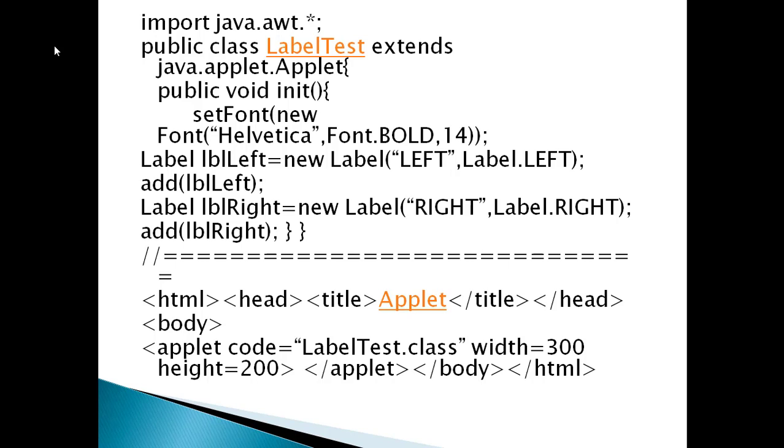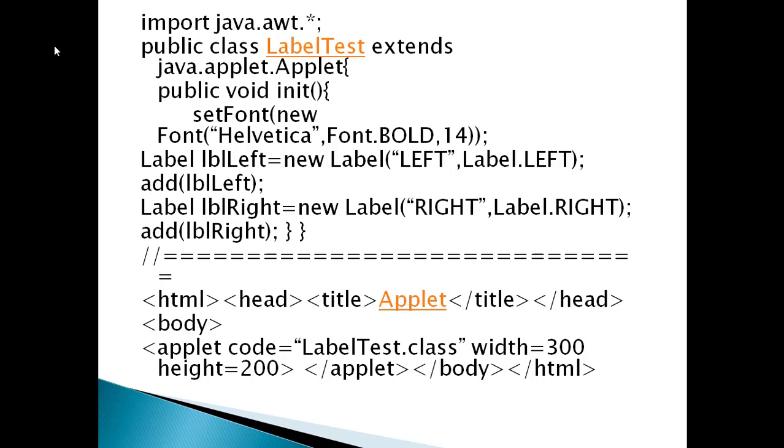Next is another label, lblRight, equal to new Label("right", Label.RIGHT). It is an alignment, semicolon. Next, the created control we add to the window by using the add method: add(lblRight); semicolon, close the curly brackets, init closed, class closed.